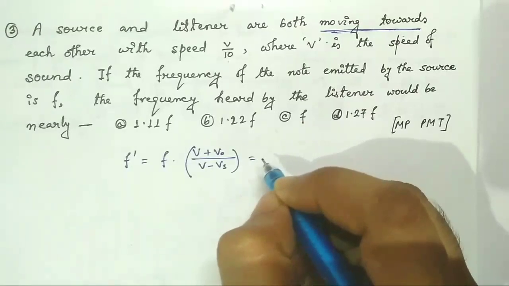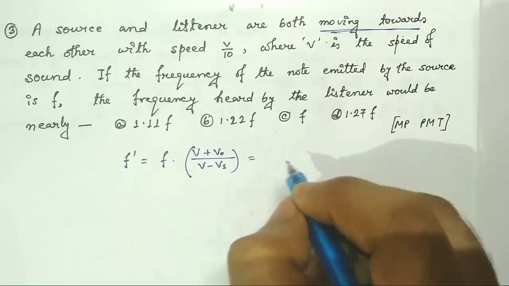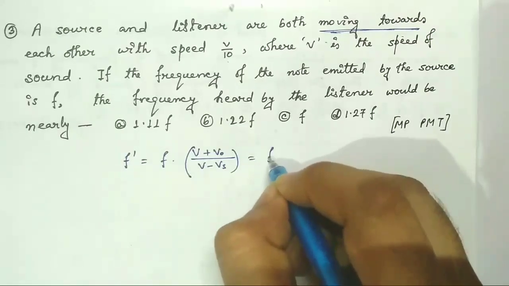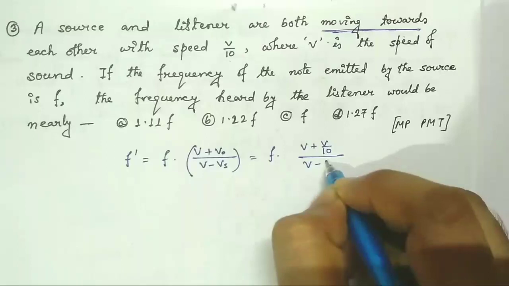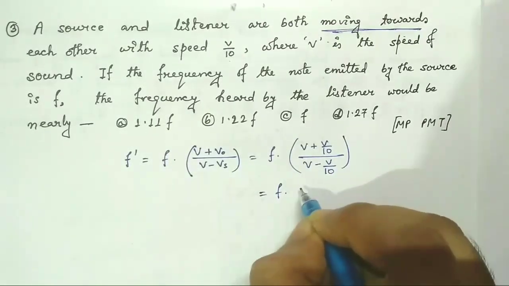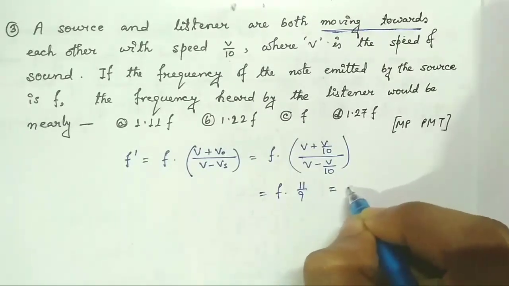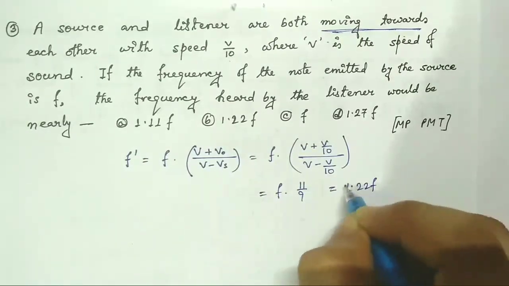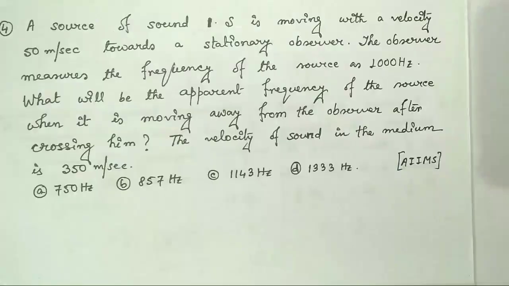Now put the value of vo and vs as v by 10. We will get f into (v plus v by 10) divided by (v minus v by 10). This will give you f into 11 by 9, which is equal to 1.22 f. That is, option B is the right answer.